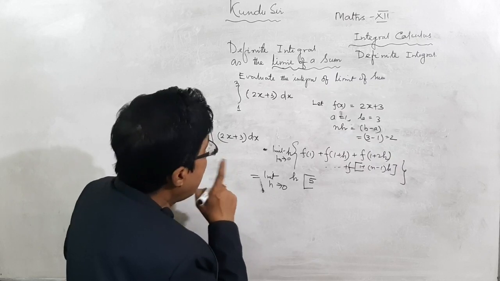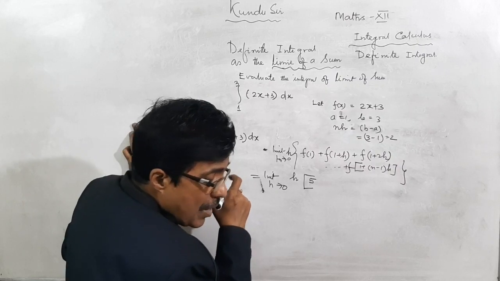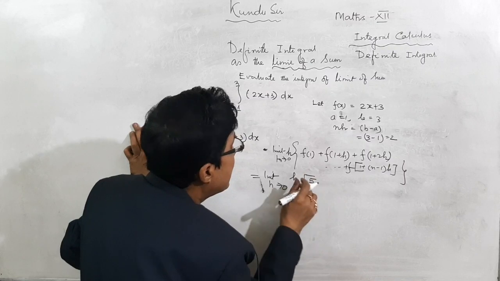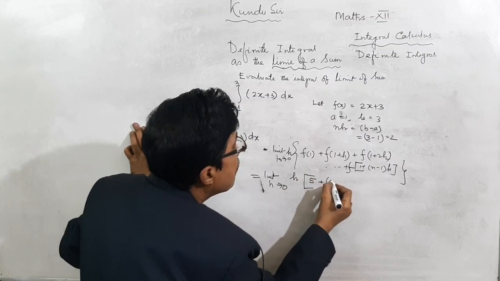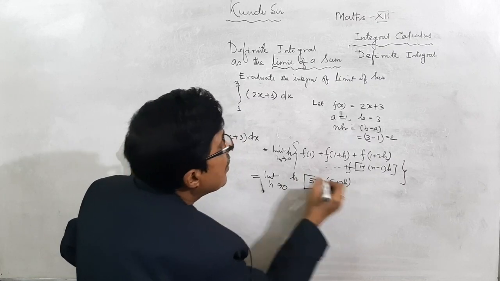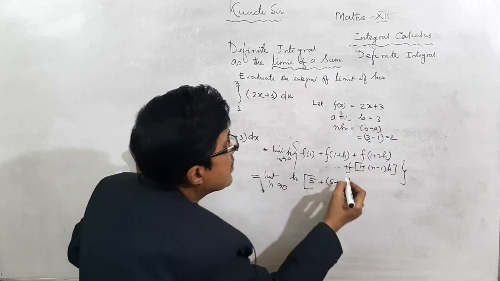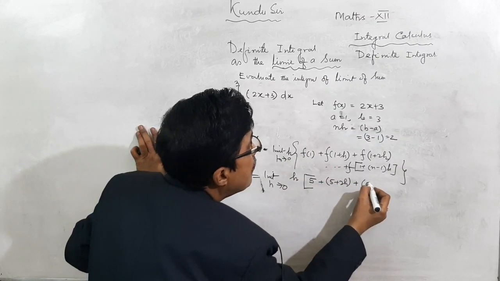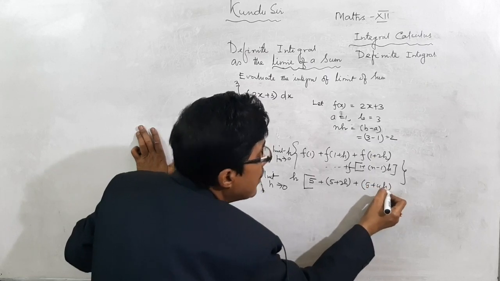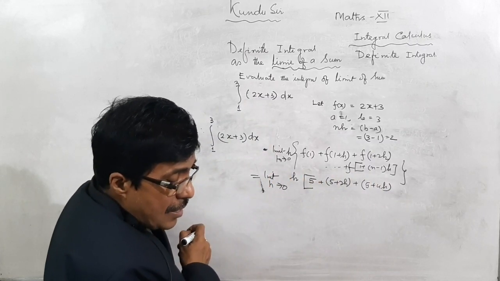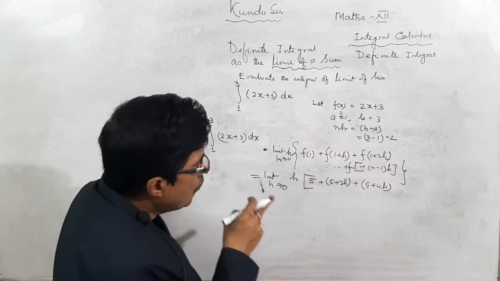So we will get 5 plus 2h, thereafter 5 plus 4h, thereafter f(1 plus 2h) is this.